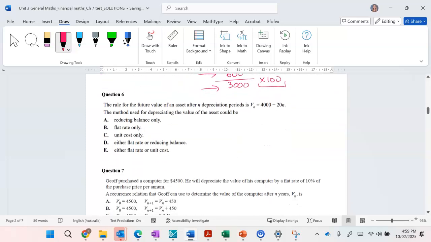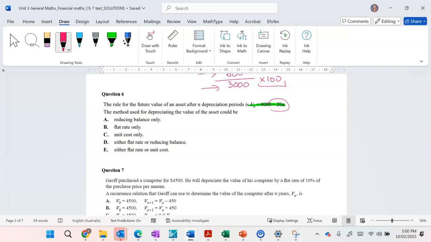All right, question 6. The rule for the future value of an asset after n depreciation periods is this. So there's our rule. The method used for depreciating the value of this asset could be. All right, so this part here tells me that it's linear. Okay, we don't have a common ratio. It's going down by the same amount each time.